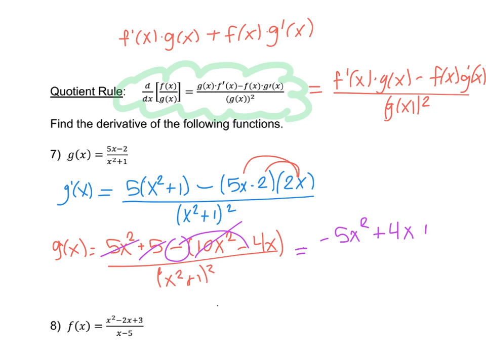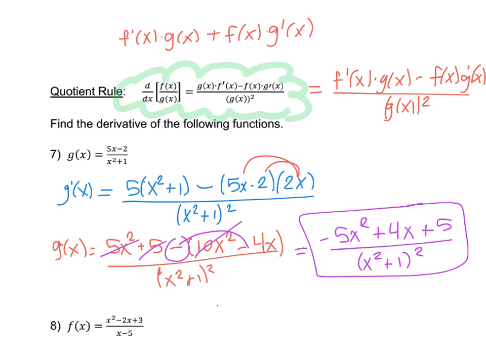And then plus 5, all over x squared plus 1 squared. So that's it. Really, you don't have to do too much for these. You're just following this exact formula, this pattern here, and then simplify the numerator and you're done. So that's how you apply quotient rule.